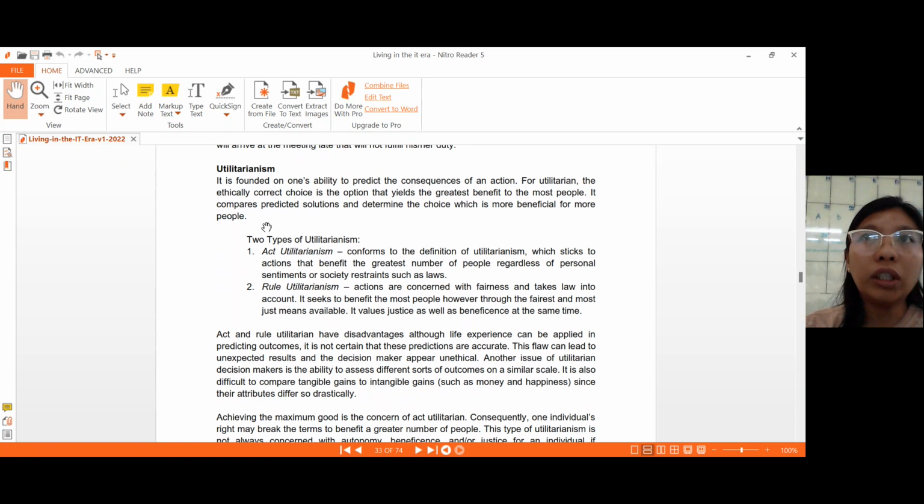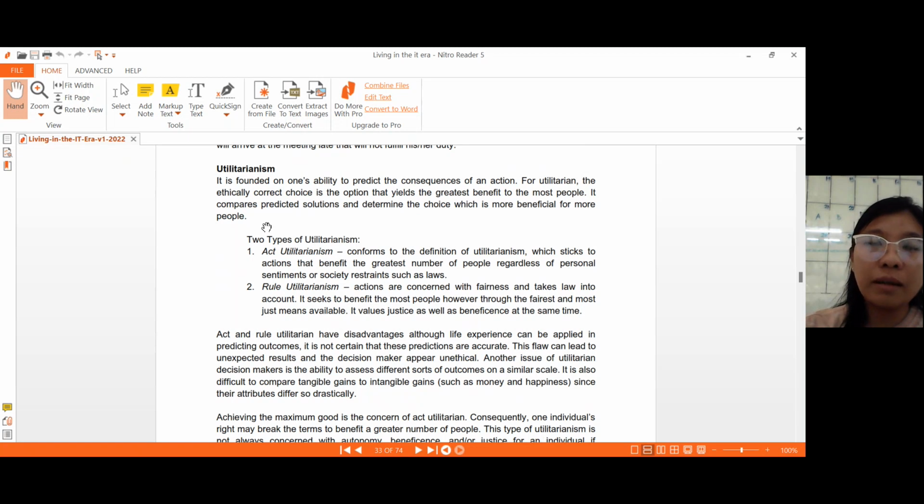Pwede naman silang i-contain na lang, ikulong, or hanggat sa maka-develop ang mga scientists ng vaccine. So, wag muna silang papatayin, pero i-contain muna sila o i-isolate sila para hindi sila makahawa. Basta kontrolado mo yung 100 as long as controlled mo sila at hindi sila makapang-infect pa ng iba, ay wag mo silang papatayin, okay? Fairest and most just means available.